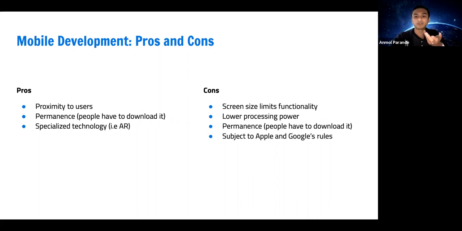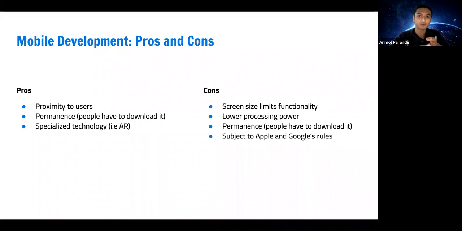And the last one is that you have to be subject to Apple and Google's rules. Apple in particular is notorious for being very wishy-washy on what their actual rules are. In fact, Epic Games right now is going through a huge lawsuit. Spotify is also going through a huge lawsuit with Apple.